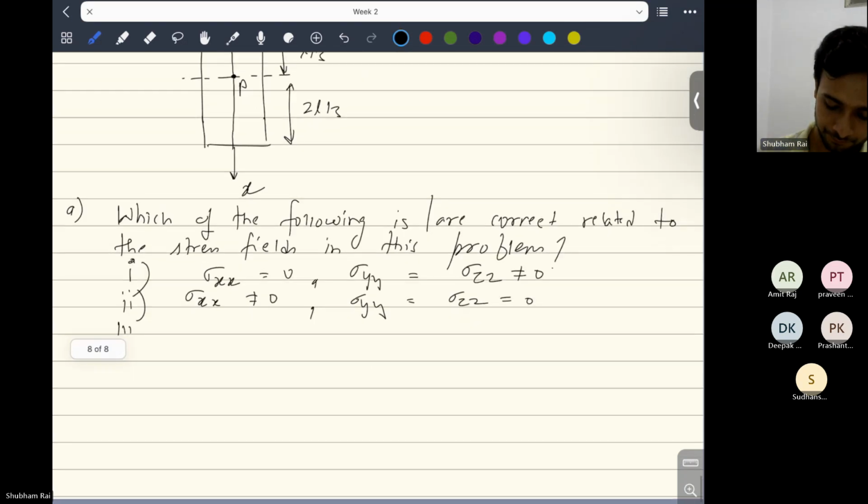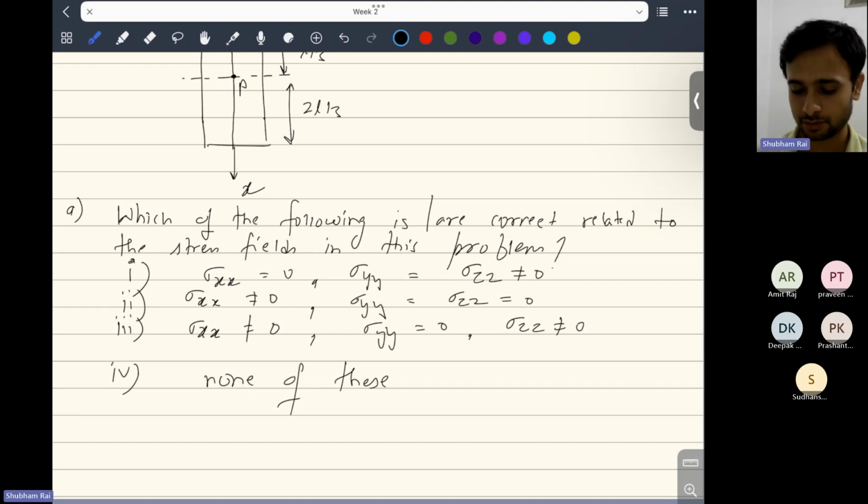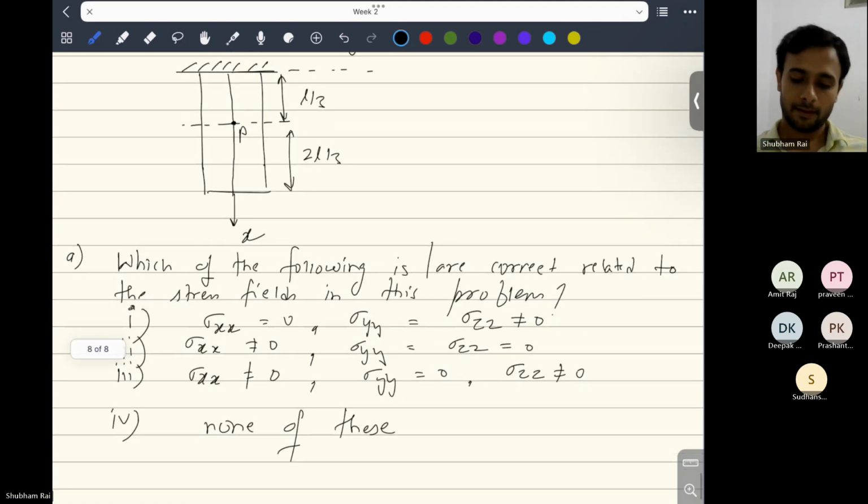And third option is sigma xx is not equal to 0 and sigma yy is equal to 0 and sigma zz is not 0. And fourth option is none of this. So can you tell me?